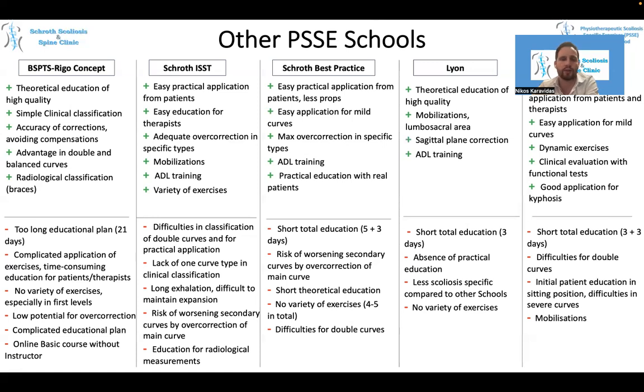Before that, I would also like to share with you my perception about the diversity of methods and techniques in scoliosis treatment.